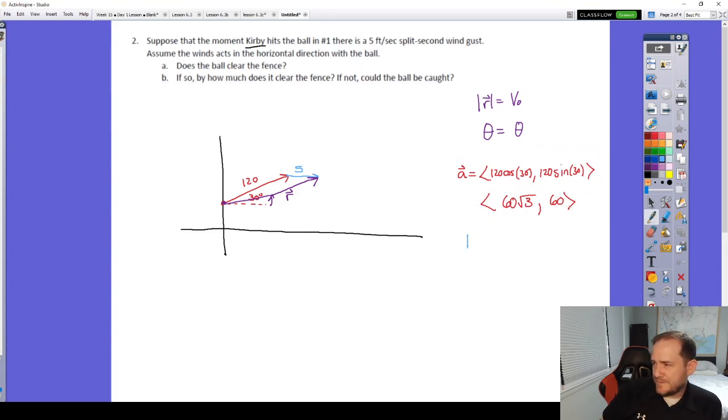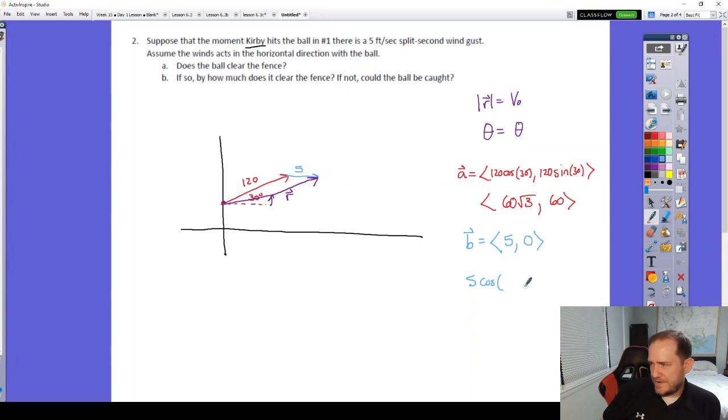And vector B in component form, you don't have to do any math at all. You can see that the horizontal component is purely the 5. It's just a fully horizontal component and no vertical component. It's 5, 0. Let's say you didn't really process that. Then you would do what? Magnitude is 5 times the cosine of the angle, which is 0.